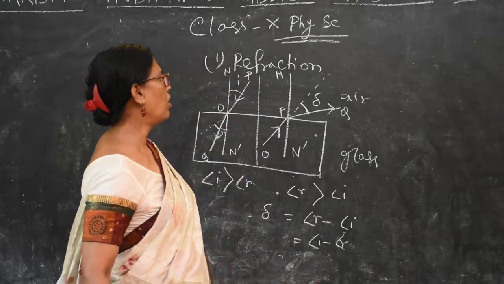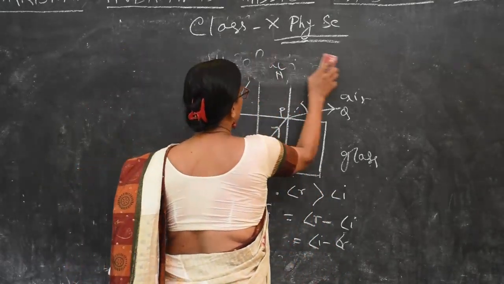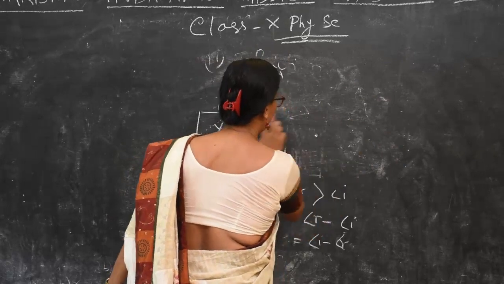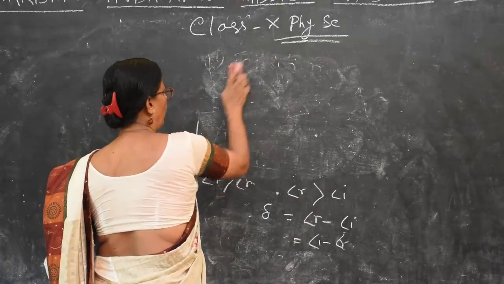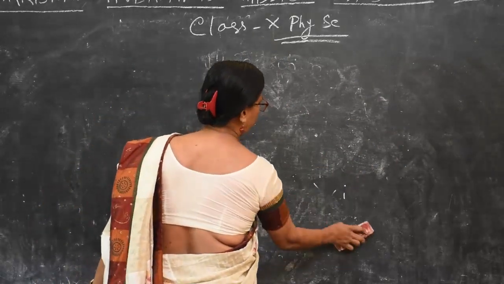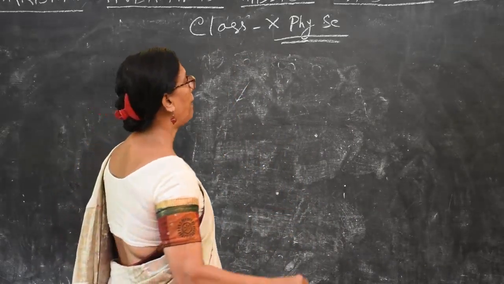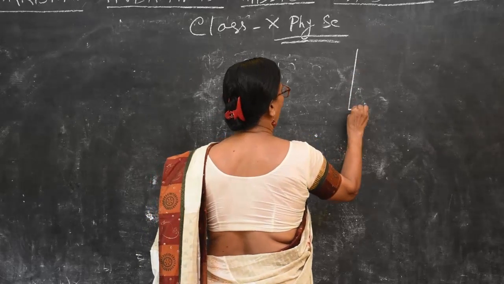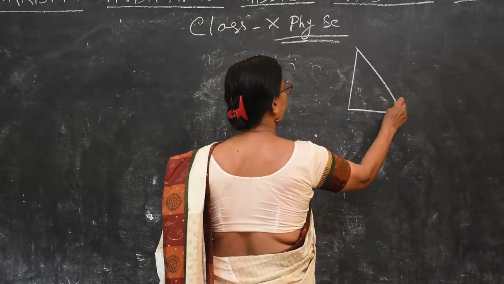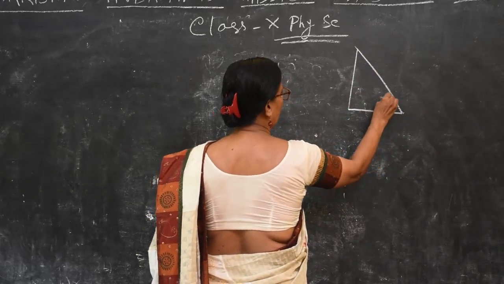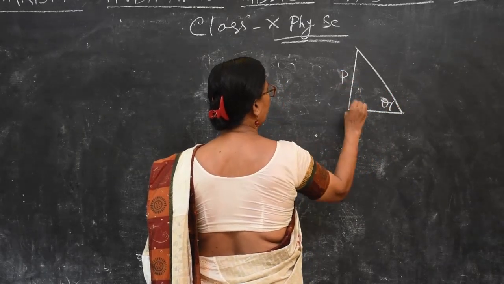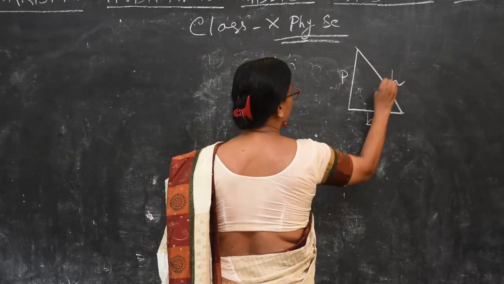Before Snell's law, we just tell one thing about trigonometry. A very small thing, all of you know. Then again I give it because trigonometry is not finished in math. There is a right angle triangle. This angle is called theta. This is perpendicular, base and hypotenuse.